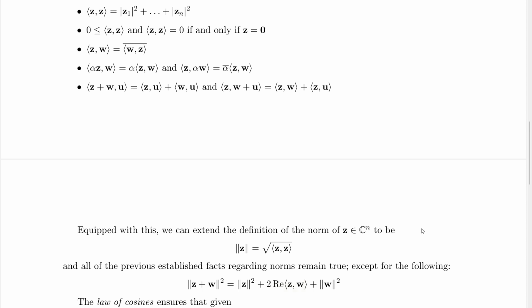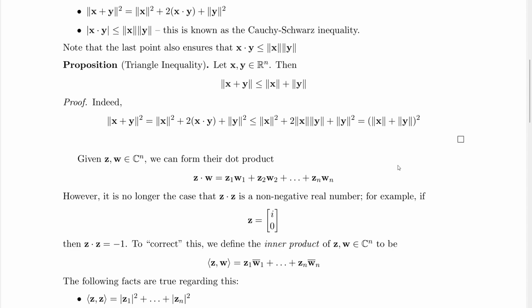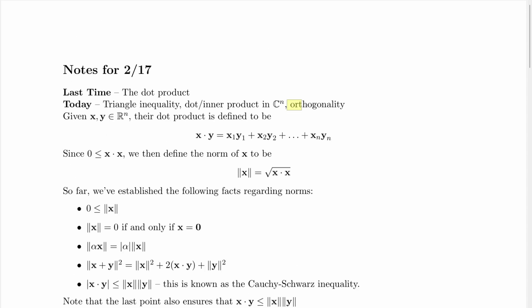So everything that we proved before about norms remains true, but now you'll just pick up this real part and just got to keep that in mind. Okay. The triangle inequality and the Cauchy-Schwarz inequality still hold true as normal, but this result here, a real part appears. Again, the consequences thereof are mildly interesting, but we're not going to get so deep in the world of complexes. Alright, so now that we've done that, let's hit the last point for today, orthogonality.